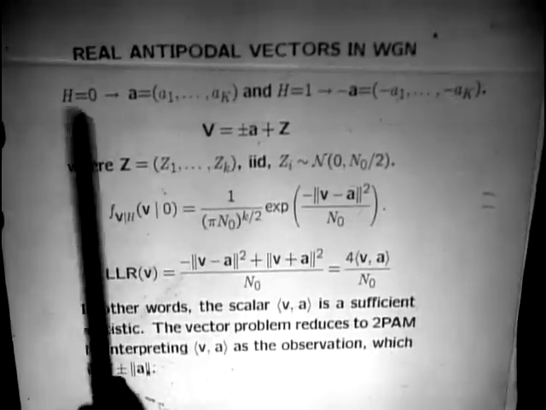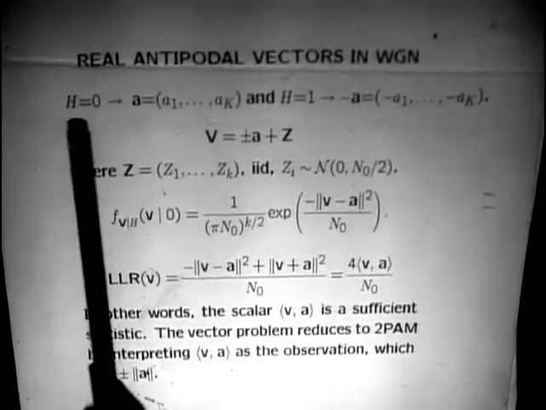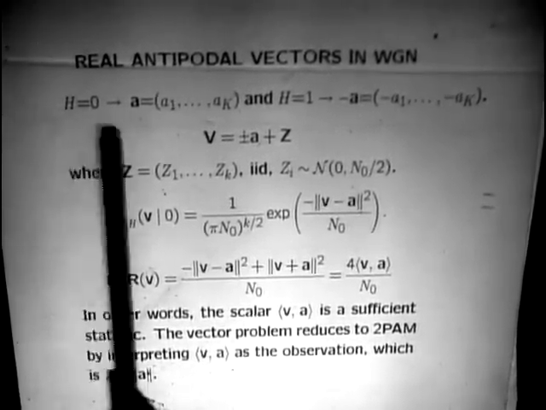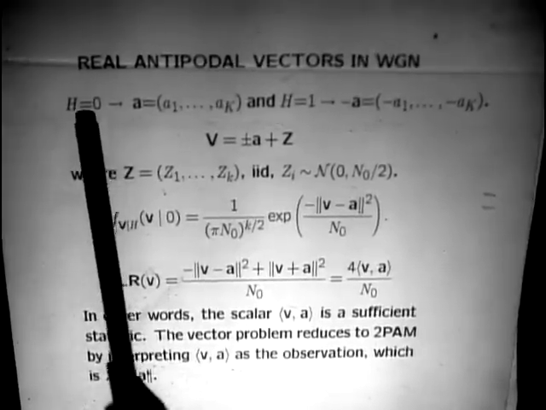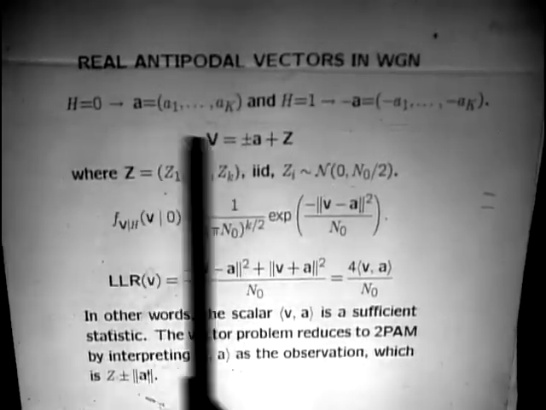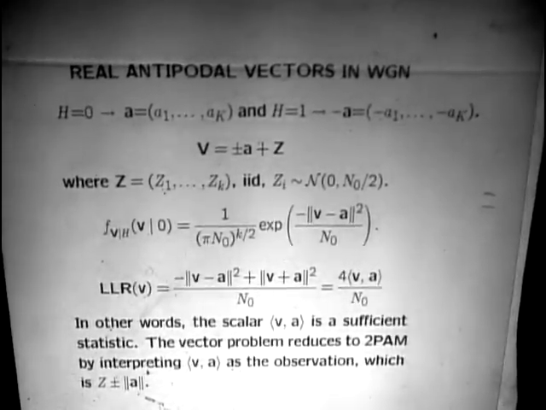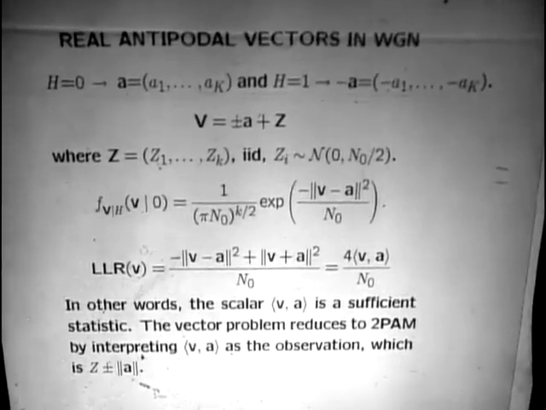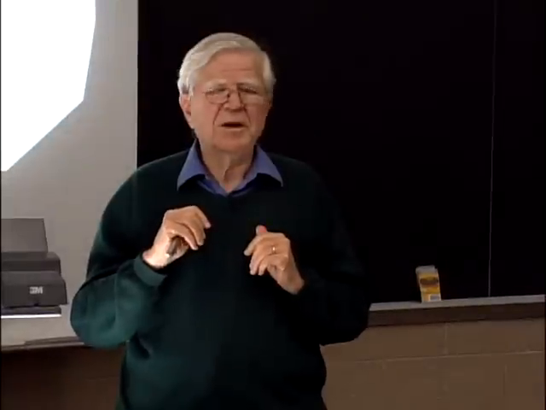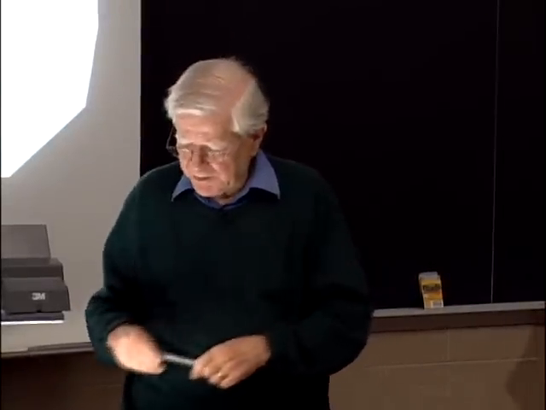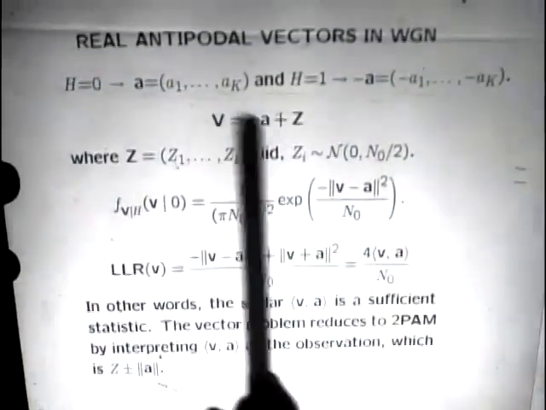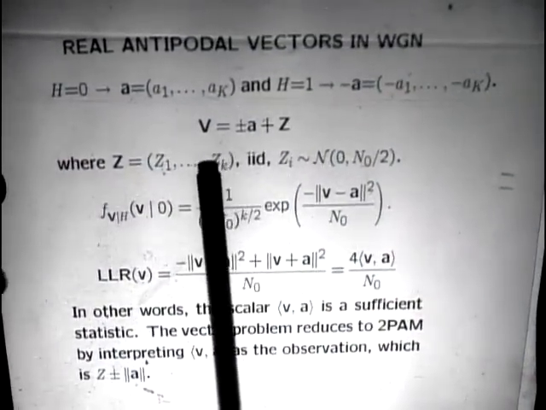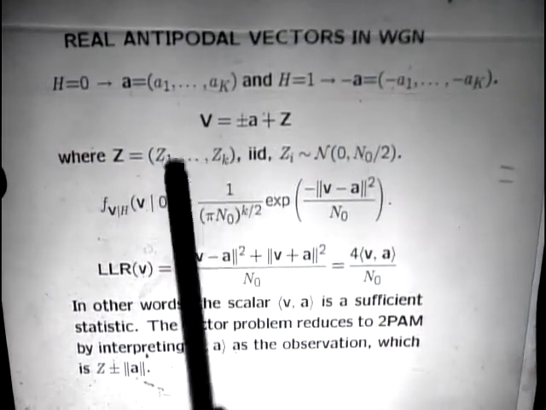Okay, so here what we're going to do is to assume that under the hypothesis h equals 0, in other words, conditional on a 0 entering the communication system, what we're going to send is not something in a single degree of freedom, but we're actually going to send a vector. And you can think of that, if you want to, as sending a waveform and breaking up the waveform into an orthonormal expansion, and A1 to AK as being the coefficients in that expansion. So we're going to use several degrees of freedom to send one signal.